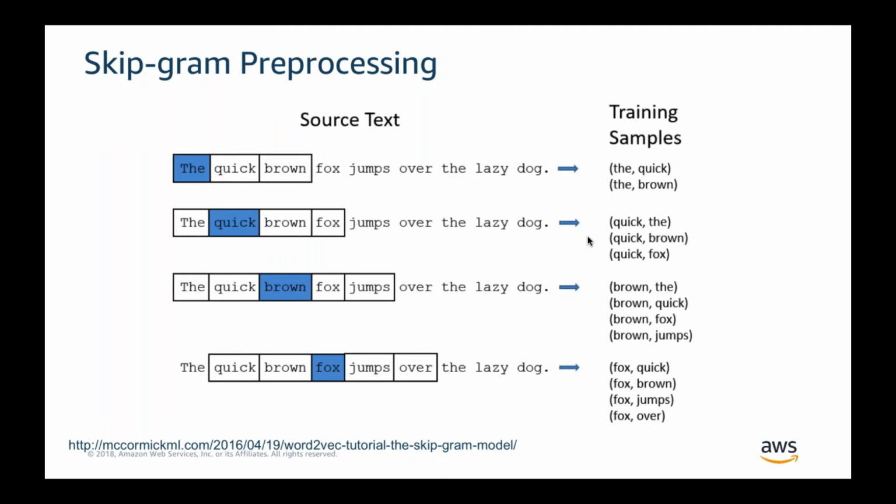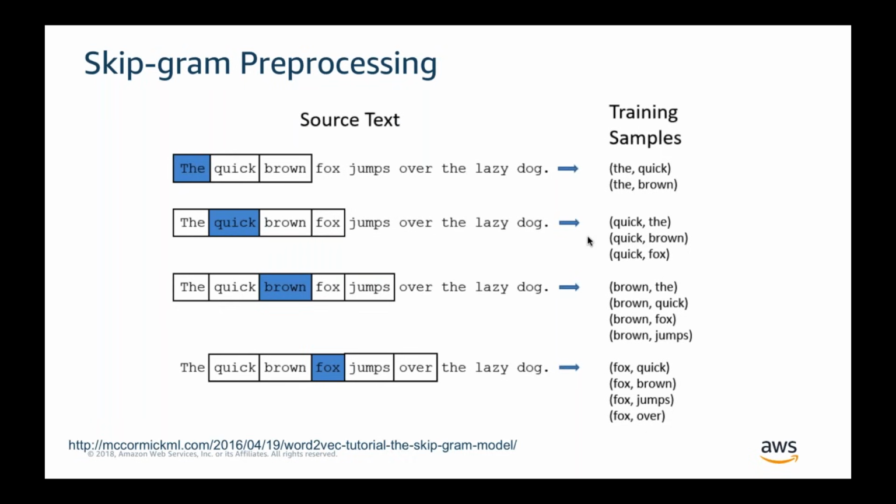You would have a list of words that commonly occur in the vicinity of each word. For example, let's take the word brown. You're going to be seeing a set of words that are always in the vicinity of the word brown, and that is the training samples that are going to be feeding into your neural network.